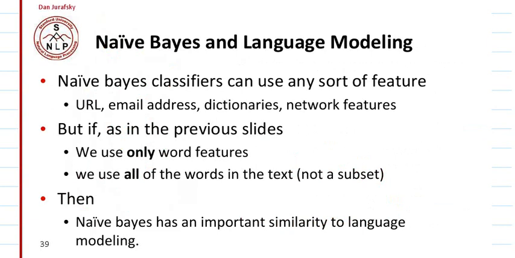And then we can also have some kind of network features. Network features depend on, for example, an intrusion detection problem, in which we have some network parameters as well as comments generated by the user. So in different kinds of problems, we can have different features that are applicable to the problem.